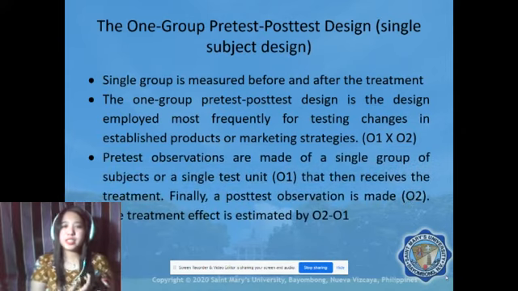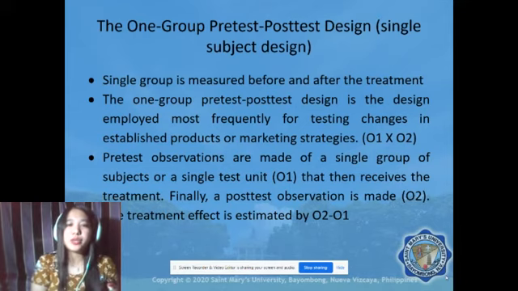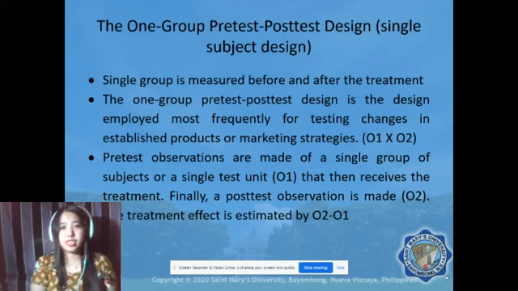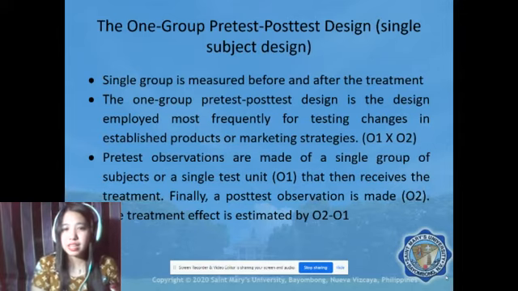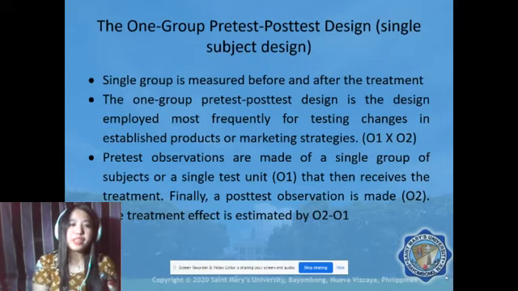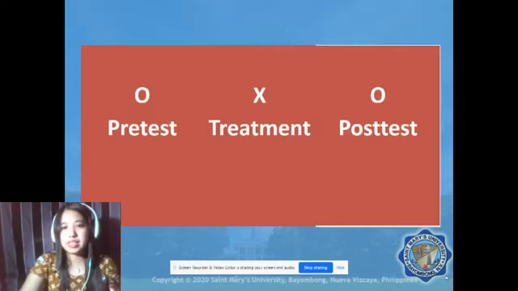It is a design that is frequently used for testing changes in established products or marketing strategies. Pretest observations are made of a single group of subjects or a single test unit, then they are given the treatment and finally given the post-test. So this is the illustration.